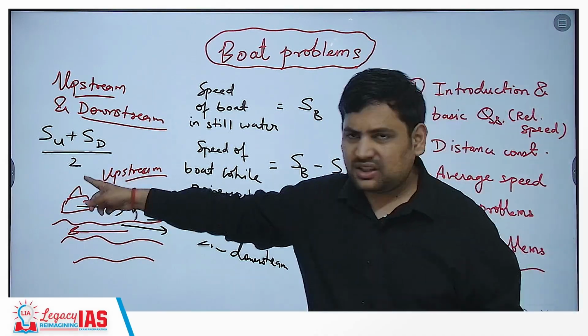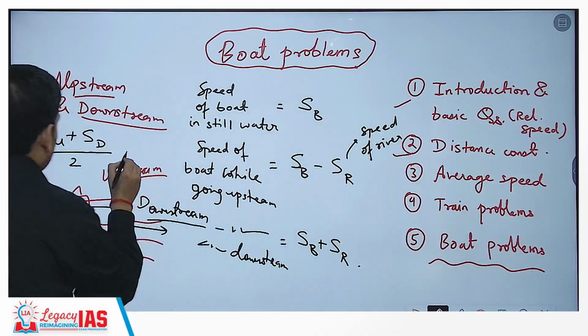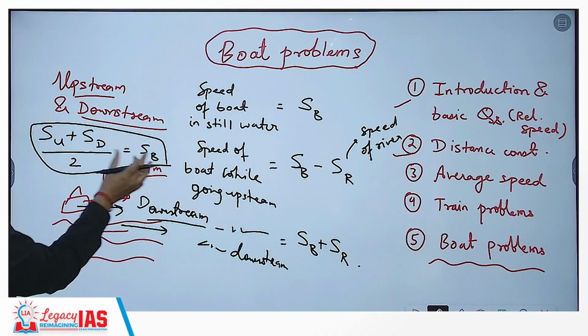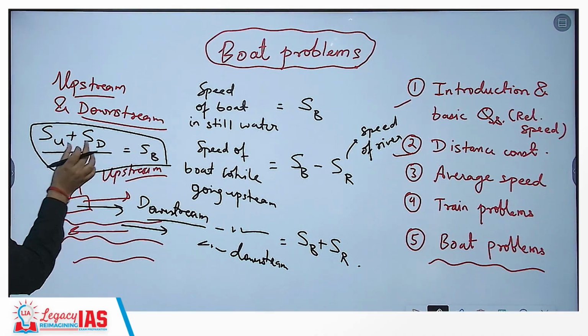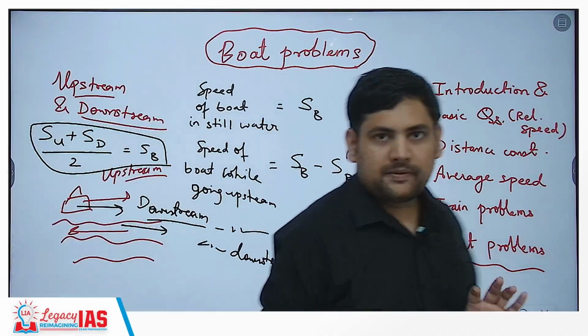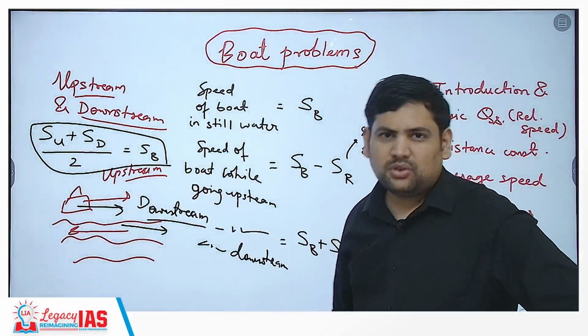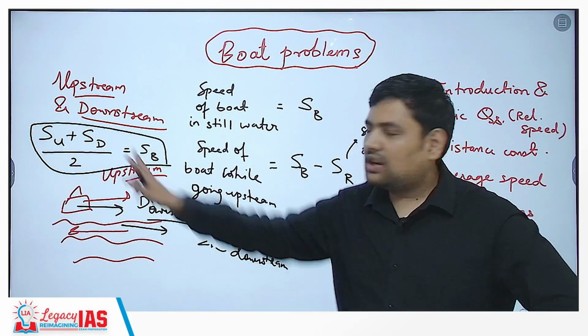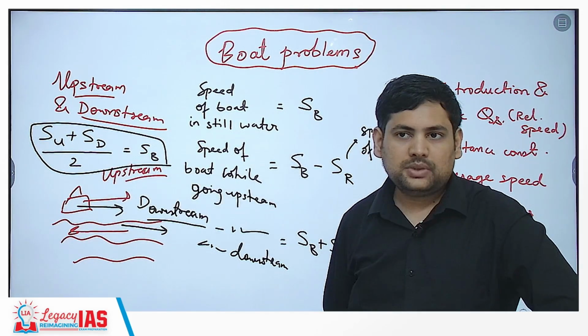If I send 2 to the other side, you get this expression: speed of boat is equal to speed upstream plus speed downstream, divided by 2. To calculate faster, if upstream and downstream speeds are given, you can add them both and divide by 2 to get the speed of boat.